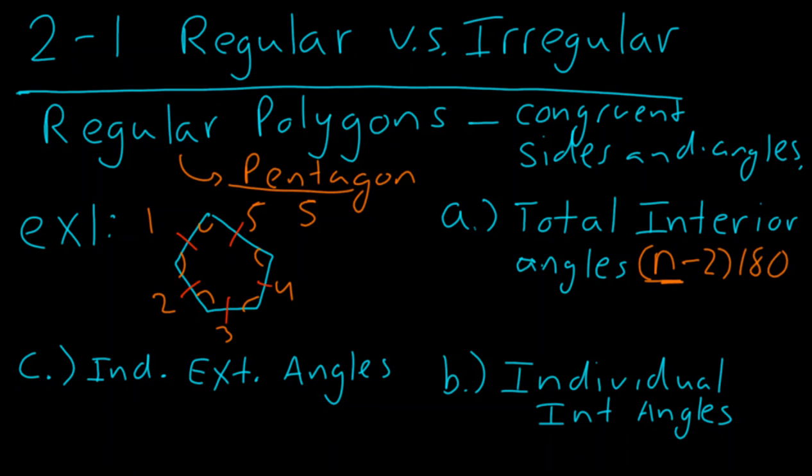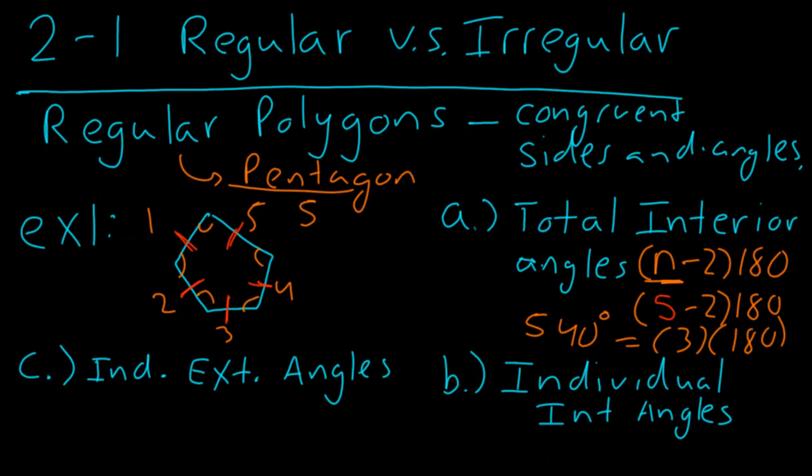Earlier we counted 5 sides, so I would put in a 5 right there. 5 minus 2 times 180. Of course 5 minus 2 gives us 3 times 180, and if you use your calculator, you'll find that 180 times 3 is 540 degrees. We would say that the total of the interior angles here is 540 degrees.